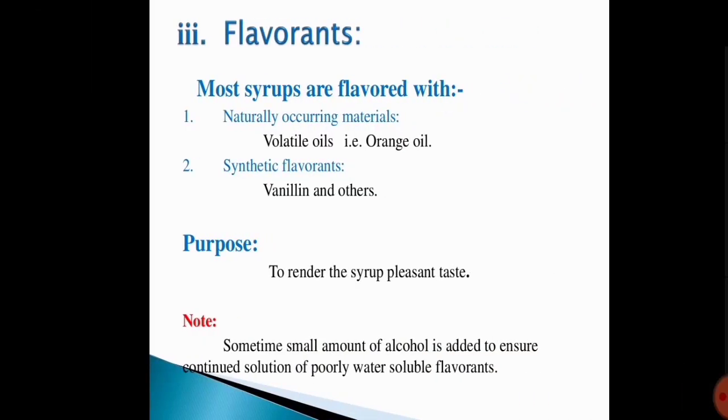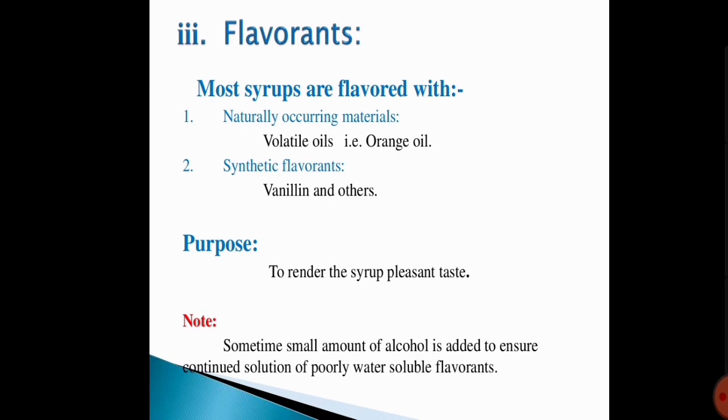Okay, we have flavorants and volatile oils, mostly orange oil. Then synthetic flavorants like vanilla, banana, peach, pear, and apple will be used as flavoring agents. Now what is the purpose?